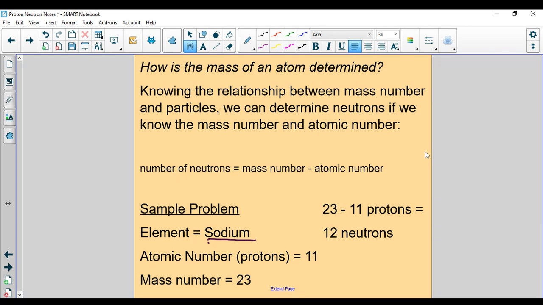So using our equation above, my mass of 23 minus 11 protons gives me 12 total neutrons, making up that difference in mass within the nucleus. In your notes, there is a sample based on carbon. You should complete the unknown values using these relationships as a sample problem.